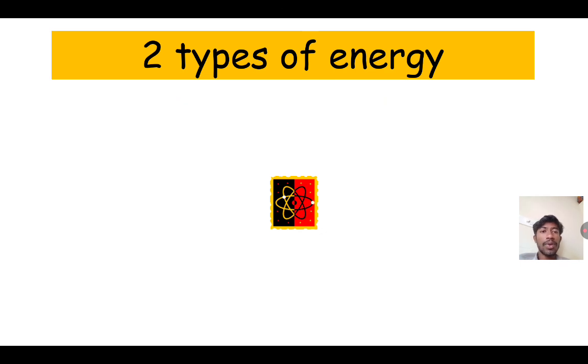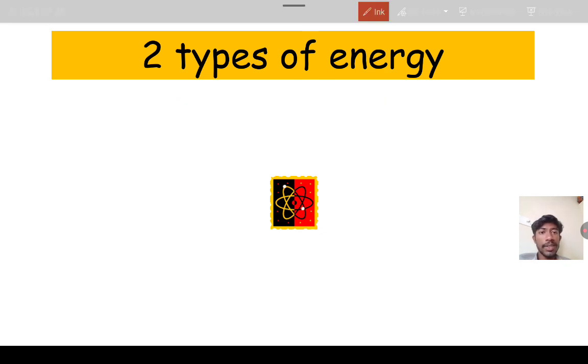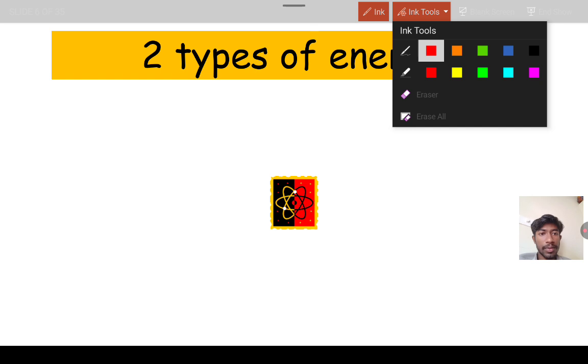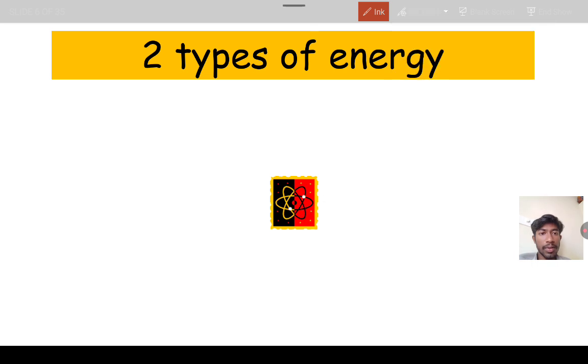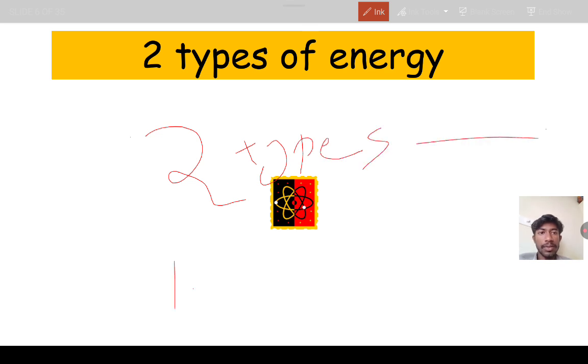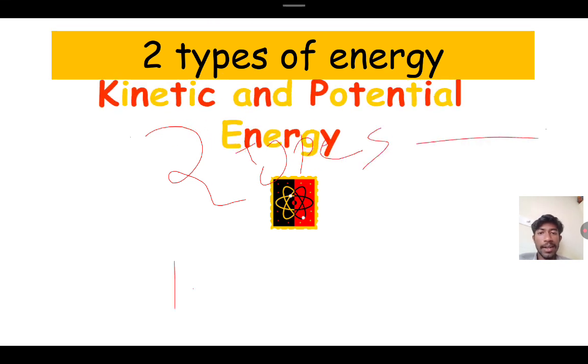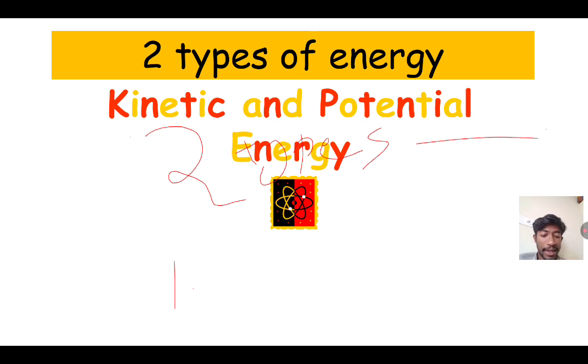There are two types of energy. One is kinetic energy and the second is potential energy.